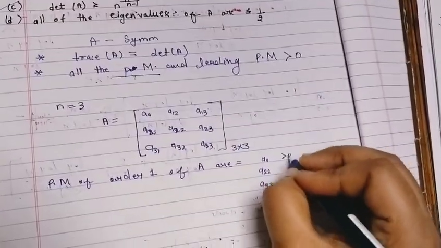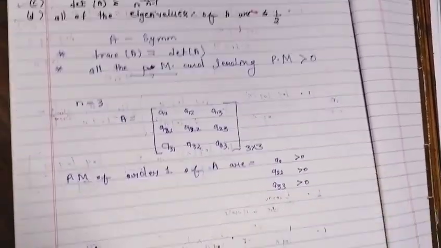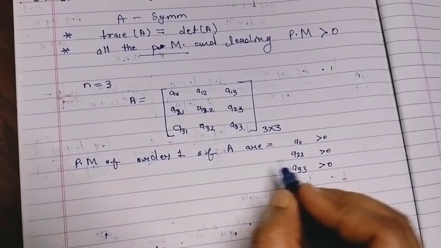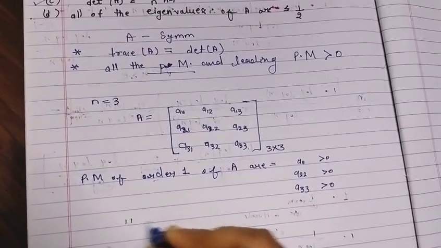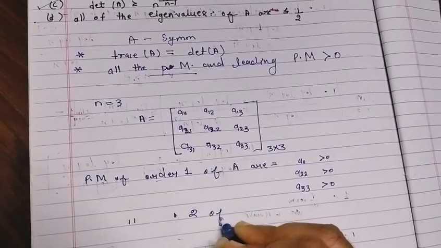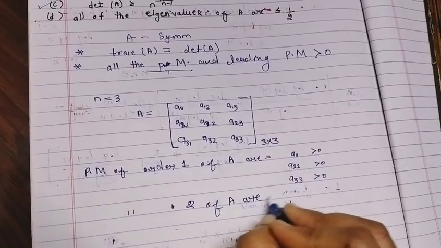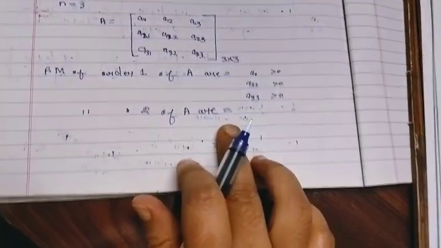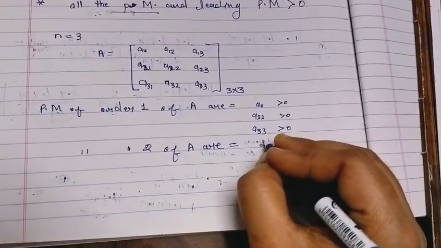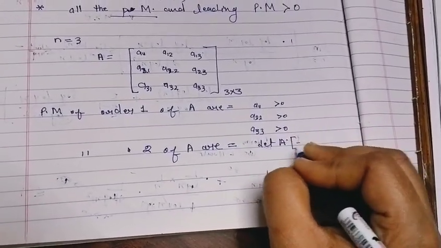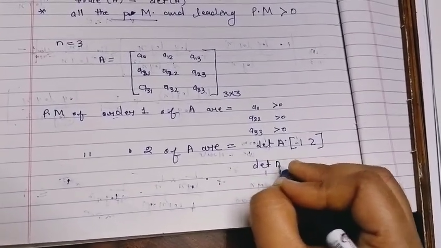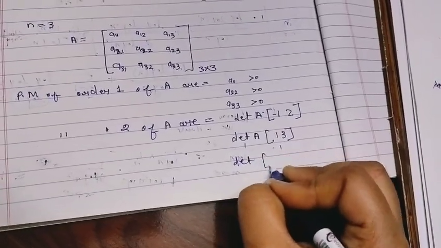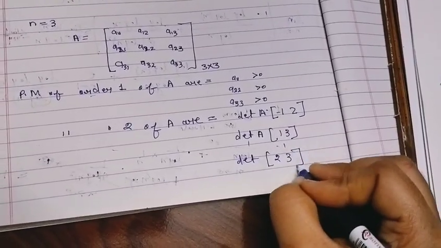So it should be positive, it should be positive, it should be positive. This is of order 1, means 1 cross 1. Then again we will choose of order 2. The principal minors of order 2 of A are determinant of A 1 2, determinant of A 1 3, and determinant of 2 and 3.